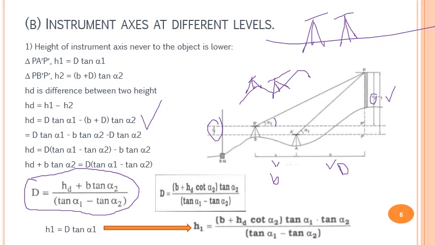That is, H1 is equal to D tan alpha 1. Okay, here D is equal to B plus HD cot alpha 2 into tan alpha 2 divided by tan alpha 1 minus tan alpha 2. Here H1 is equal to B plus HD cot alpha 2 into tan alpha 1 into tan alpha 2 divided by tan alpha 1 minus tan alpha 2.